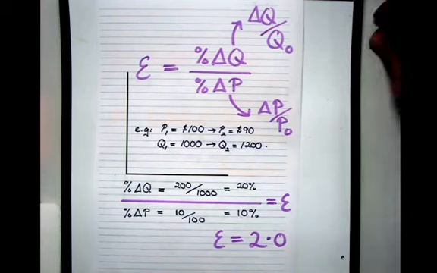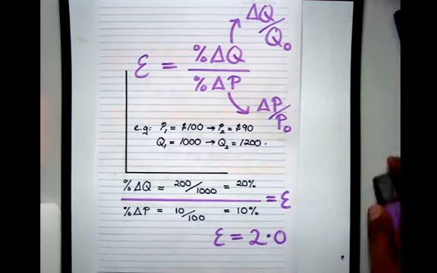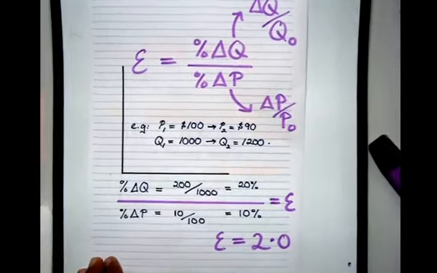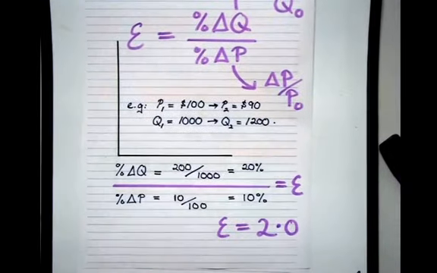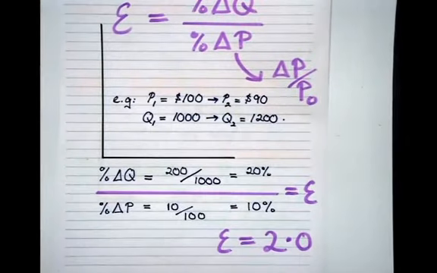Now, just make a note, please. I haven't put any minus signs here. Technically, the change in price is negative, and the change in quantity is positive because the price has gone down and the quantity has gone up. Just make a note.